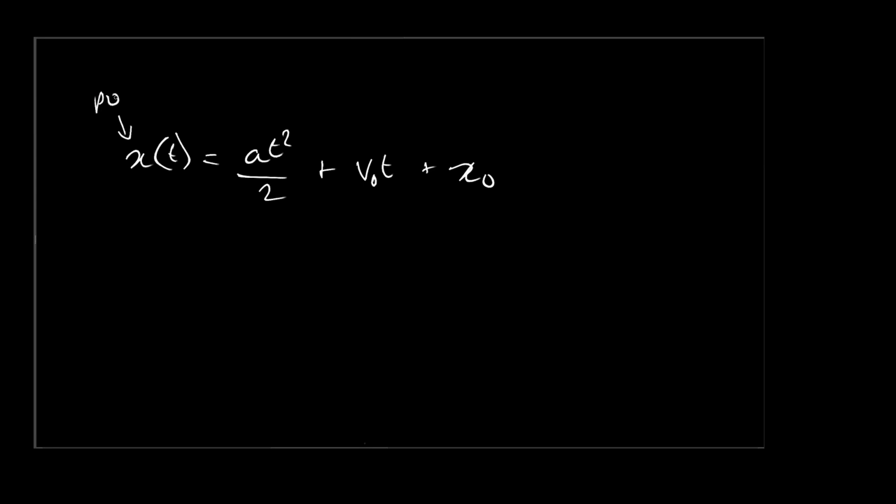So this is the position, and you must know constant acceleration, or rather you must assume constant acceleration and know it as well. You need to know the initial speed, and you also need to know the initial position.